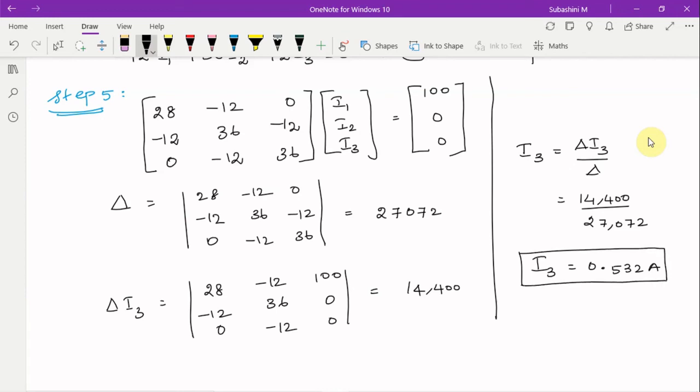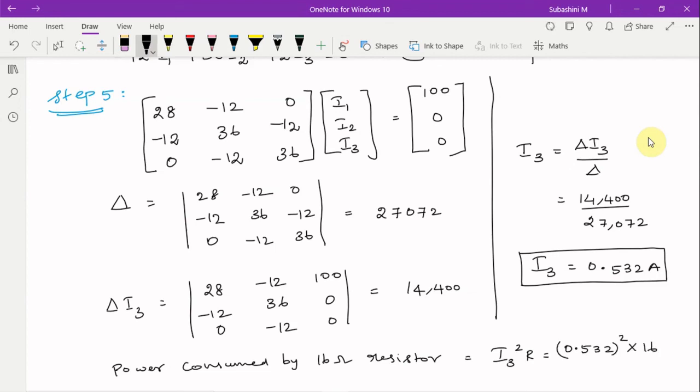But the question asked is the power consumed by the 16 ohm resistor. Power consumed by the 16 ohm resistor is I3 square R, which will be 0.532 the whole square into 16, which will give me 4.527 watts.